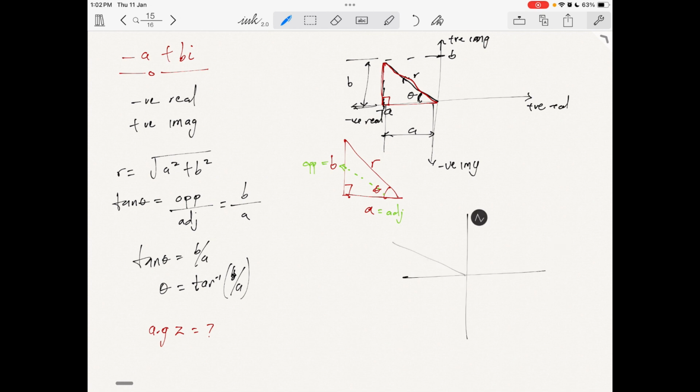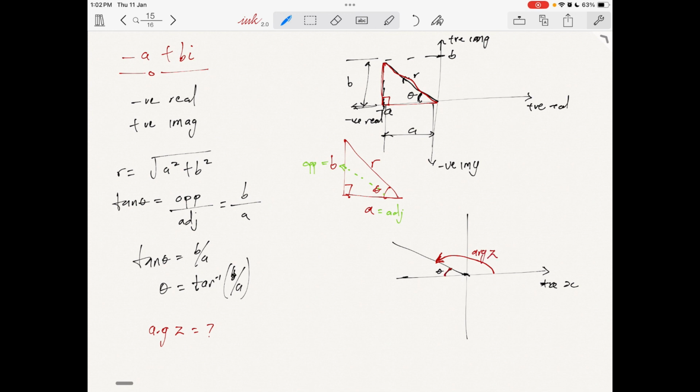This is it, and our angle theta. Recall that argument z starts counting from the positive x-axis or the positive real axis. So our argument z starts counting from here to where the complex number is. So this is argument z.